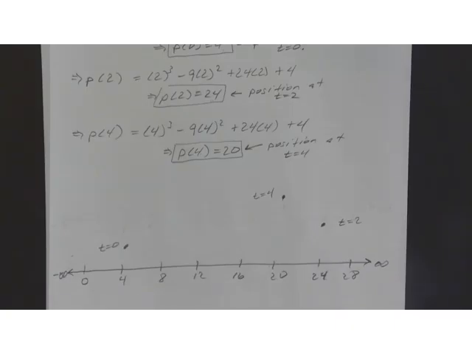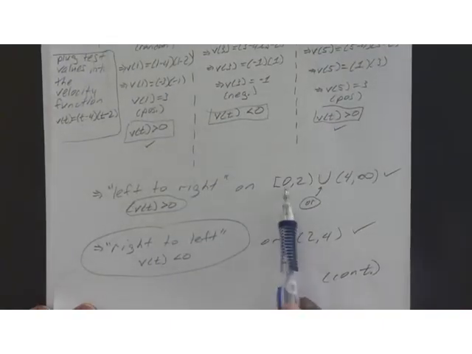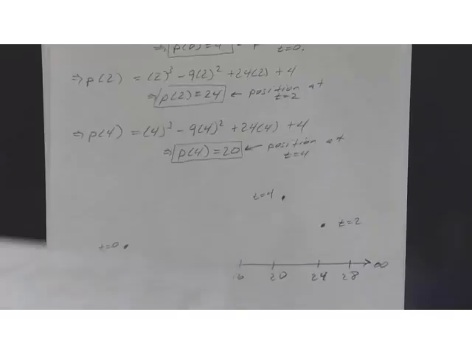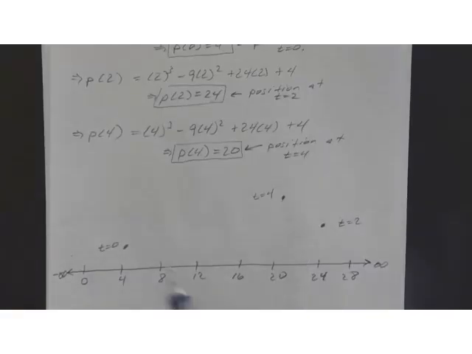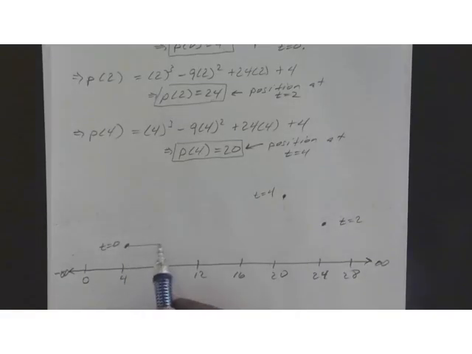Okay, so everything we did on the previous page helps us here because we know that our graph is going to go left to right on the interval from 0 to 2. So from t equals 0 to t equals 2, it's going to go left to right. And we have that as kind of our vertex.